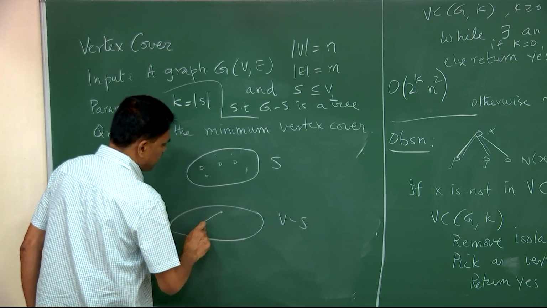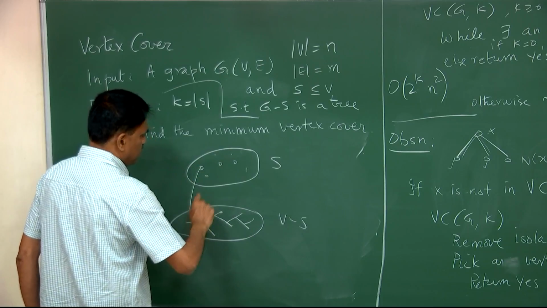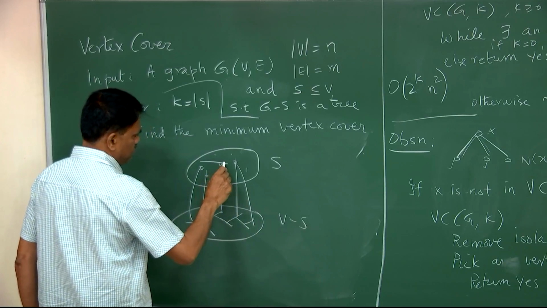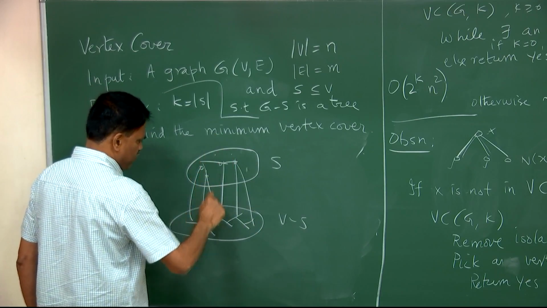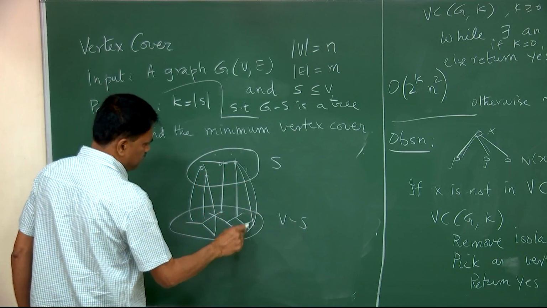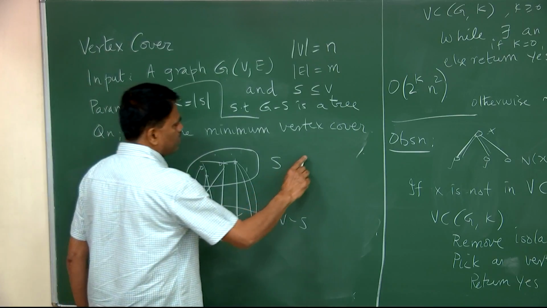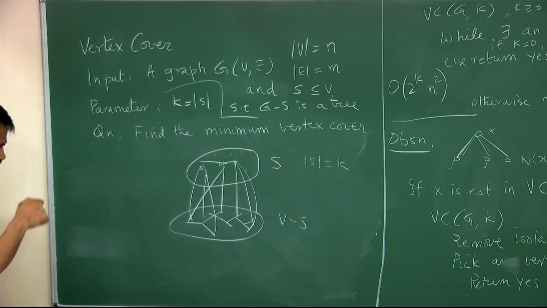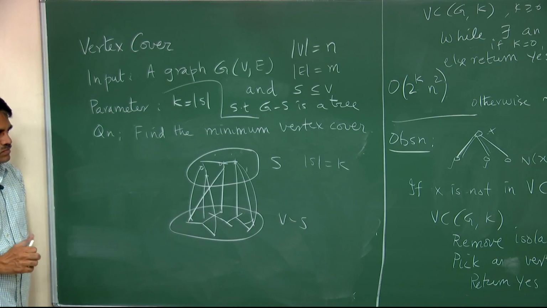So this is a tree. But in S it could be anything and there are lots of edges like this. And this is small.